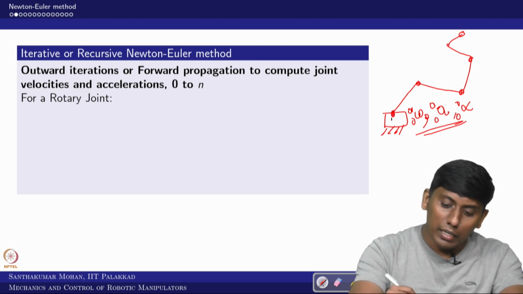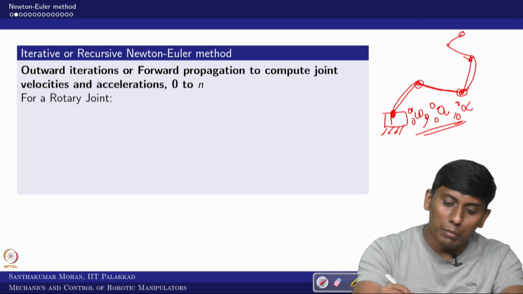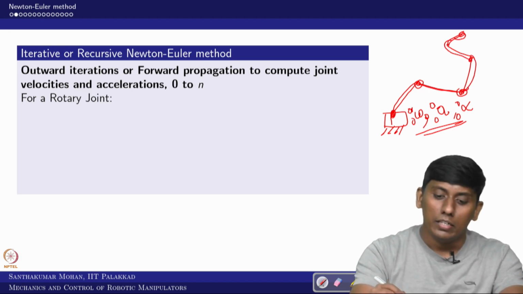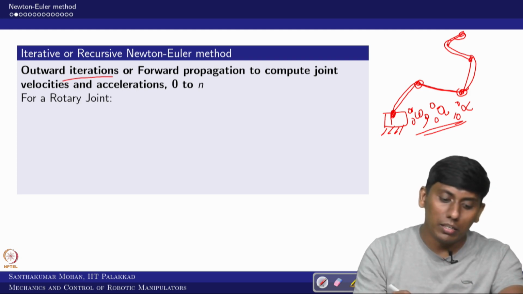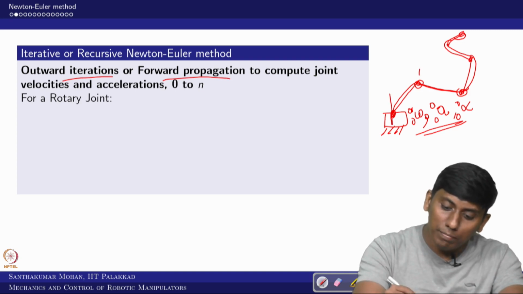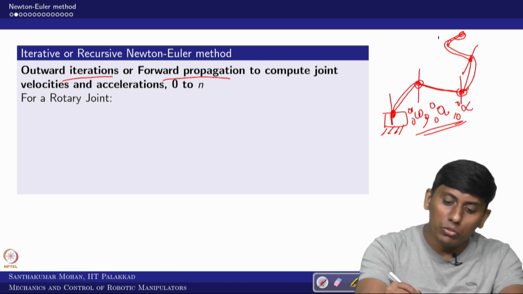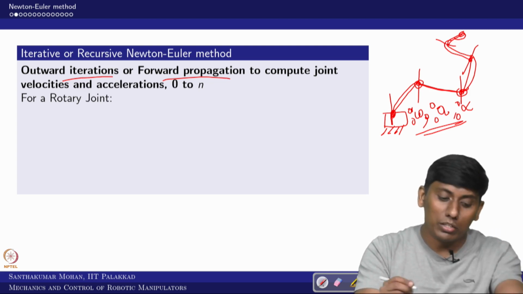From here I can go to the first frame, second frame, third frame, fourth frame, fifth frame, up to the n-th frame. So I can do an outward iteration, or forward propagation, to compute joint velocities. The corresponding joint velocities I can calculate with the help of the equations which we derived.